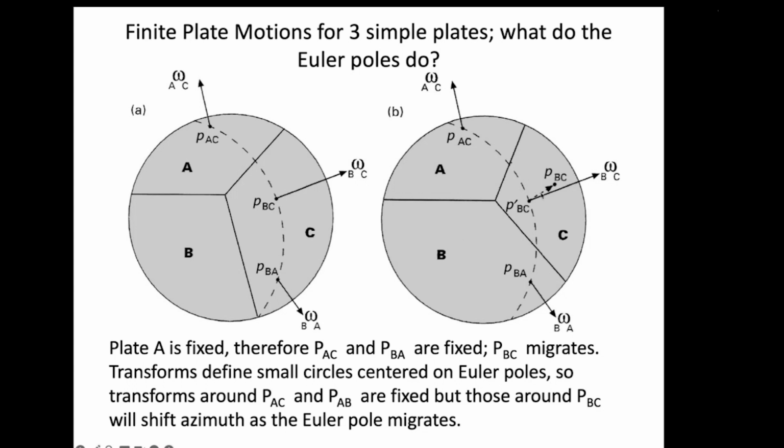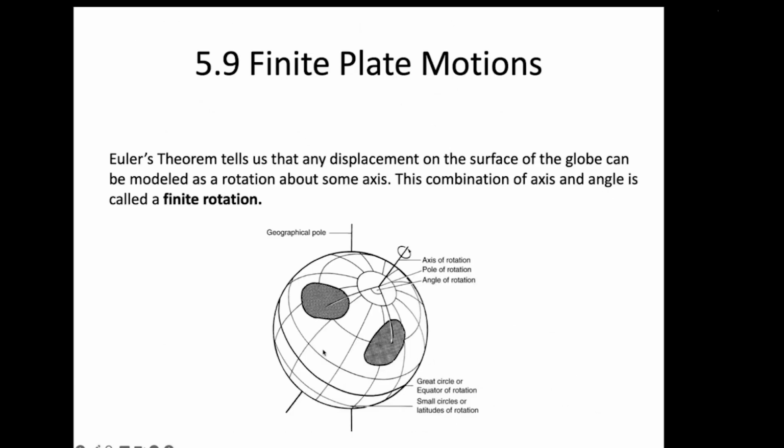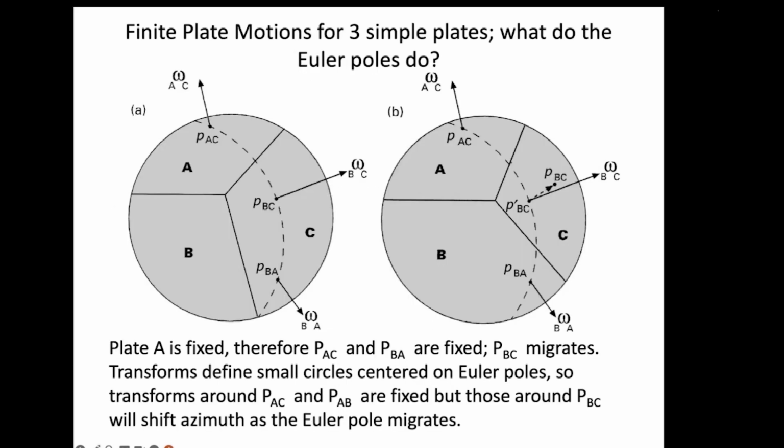So there's one pole, that's the original pole, and that's the new pole there, that dashed line. The transforms around the poles are fixed between these two, but those around the BC poles will shift azimuth as the pole shifts. So here we see it.